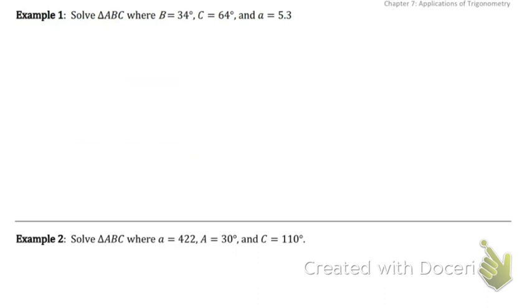We're supposed to solve triangle ABC where B equals 34 degrees, C equals 64 degrees, and A equals 5.3. So the first thing I'm going to do is draw that triangle, just a standard, any old triangle where we have an A, a B, a C. This is my side A, this is my side B, this is my side C. So we know B is 34 degrees.